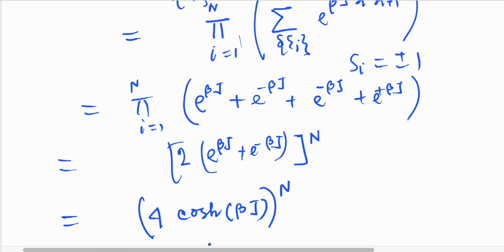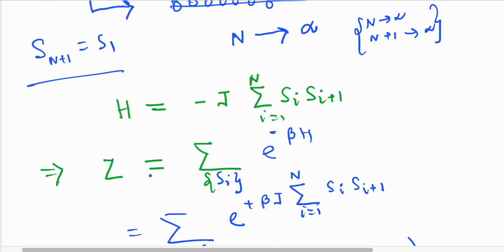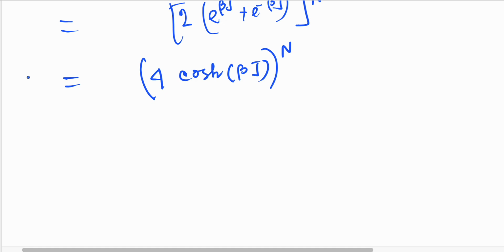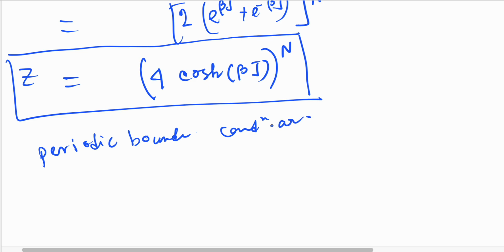Now if you see, this partition function and the partition function we got from the periodic boundary condition are different from each other. For the periodic boundary condition, what we got, let me check it.